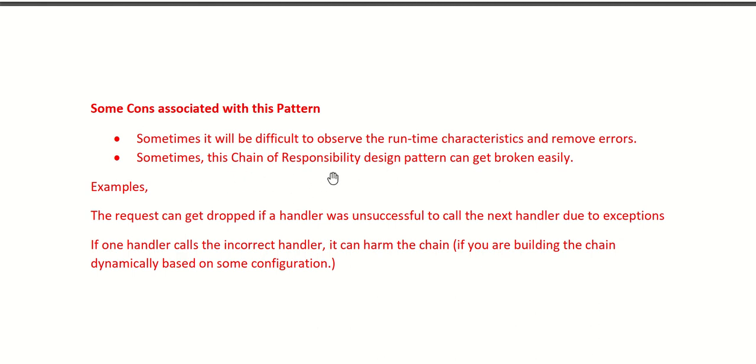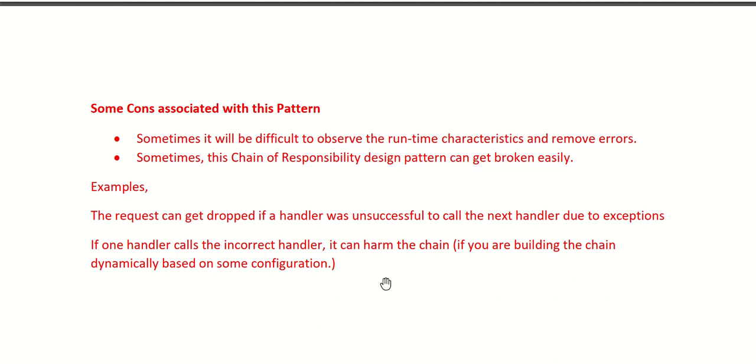So you have to simply get out of that method itself. That is the issue. You won't be able to successfully call the next handler due to exceptions. And if one handler calls the incorrect handler, it can harm the entire chain.